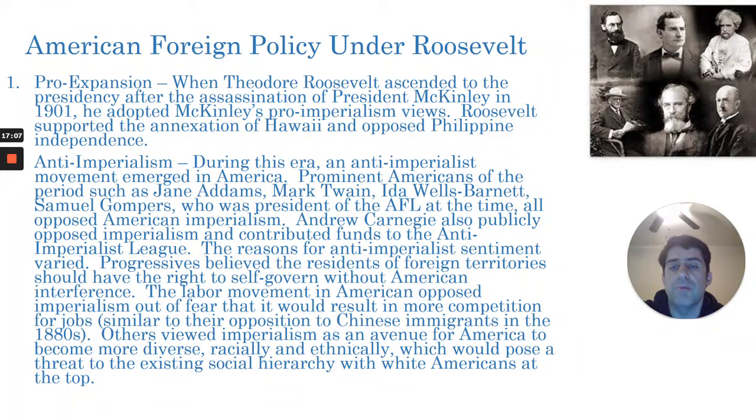He was the president of the AFL, the American Federation of Labor, from the late 19th century all the way up until the 1920s. So he was arguably the most prominent and influential labor leader of the era. All of these people opposed American imperialism.